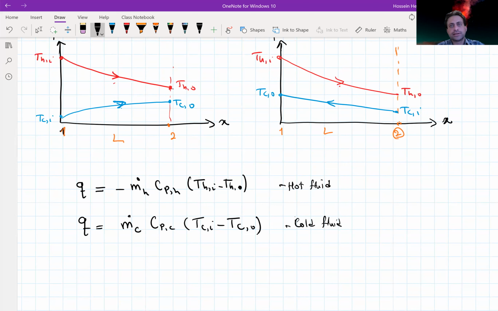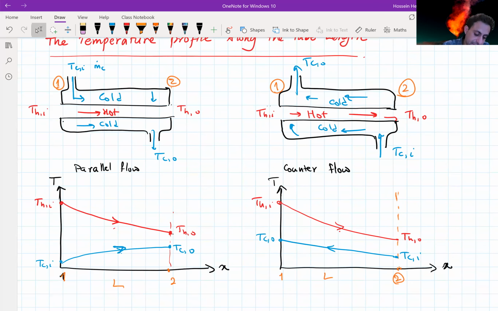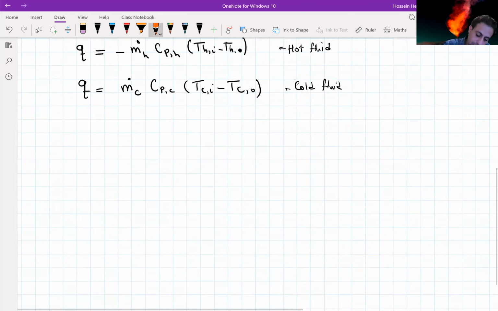Now the overall heat transfer from the hot to the cold. So this Q that the hot stream is losing is just getting transferred to the colder one.